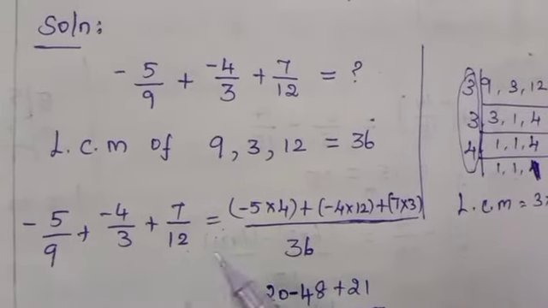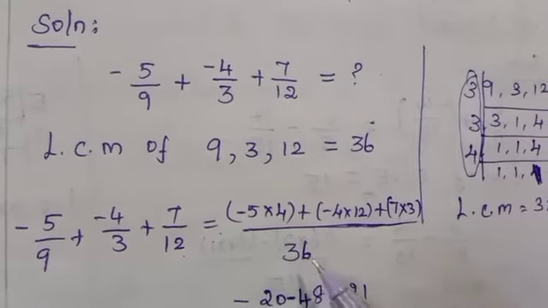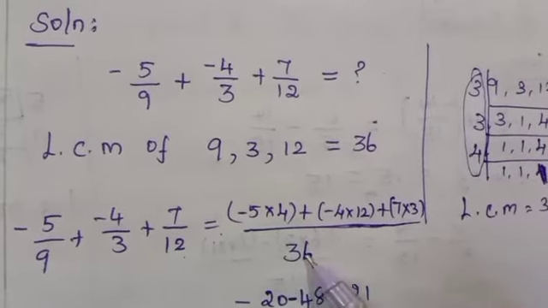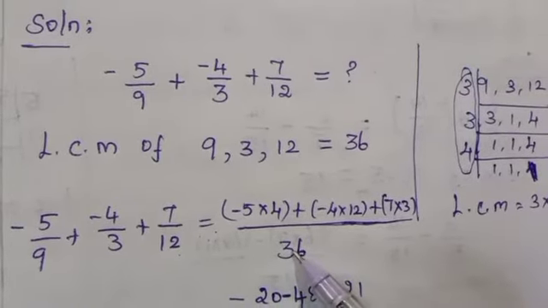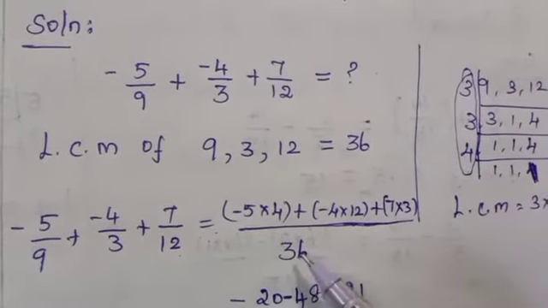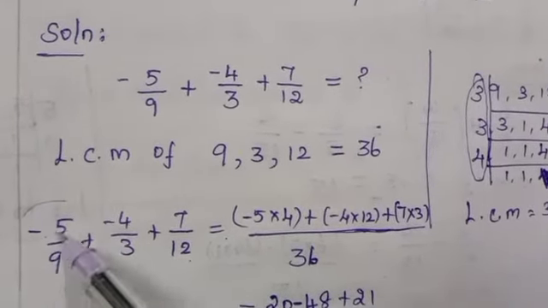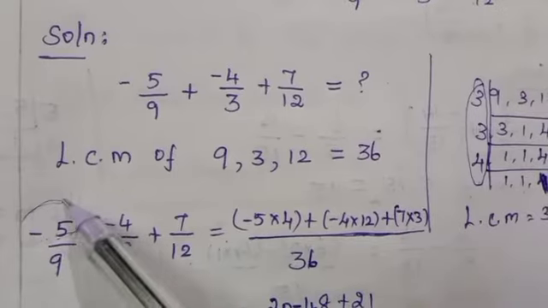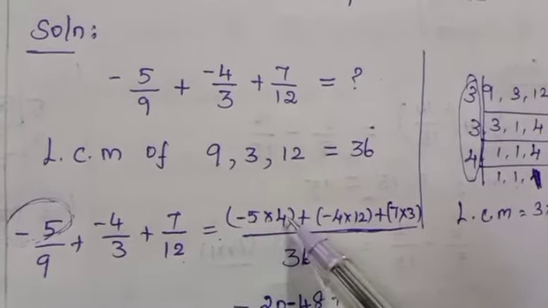For this 9, you consider 9 and 36. In 36, how many 9s are there? 1 9 is 9. Yes, 4 9s are 36. So in the numerator, just take and write minus 5 into 4.